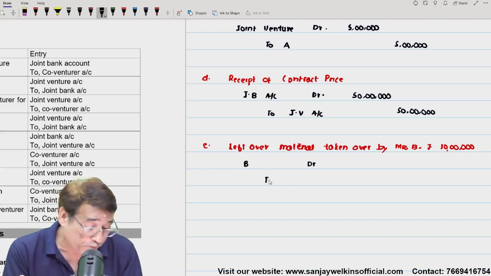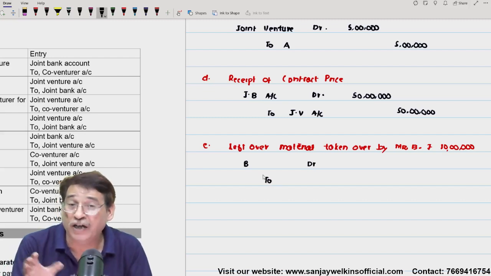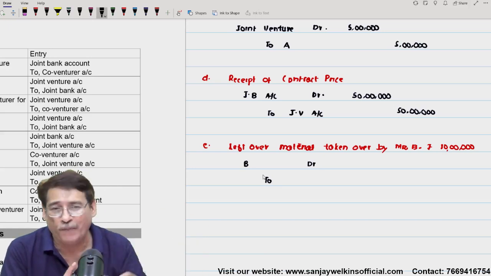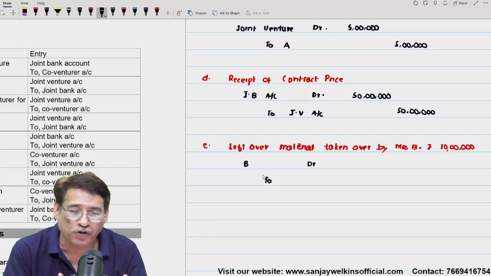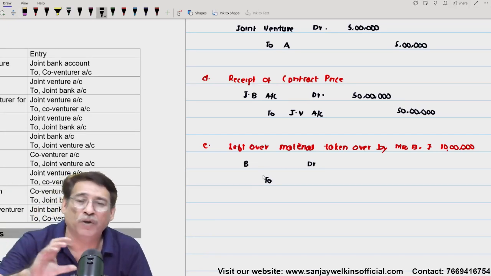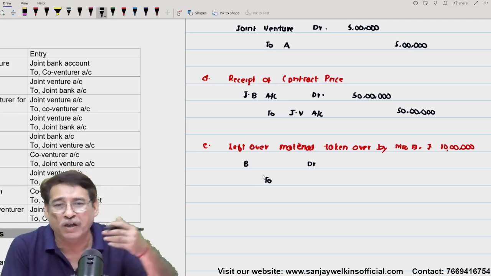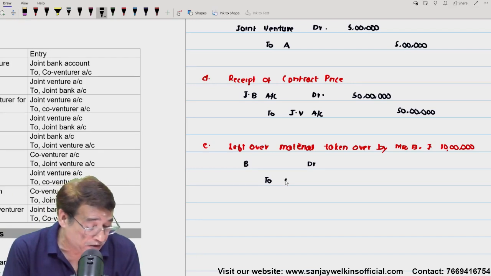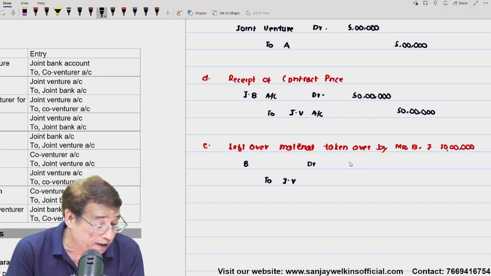And from the point of view of joint venture, it is a gain, because your leftover material is being taken over by a particular co-venturer. It is almost like unused material now sold by your co-ventureship. So it is considered a sort of gain, and you are going to credit the joint venture account. So 10 lakh.